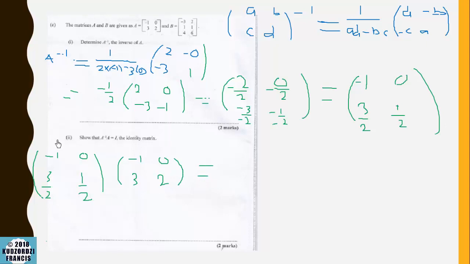Now this will be equal to negative 1 times negative 1 plus 0 times 3. We take the first row and the first column, then later on take the second column of the second matrix.